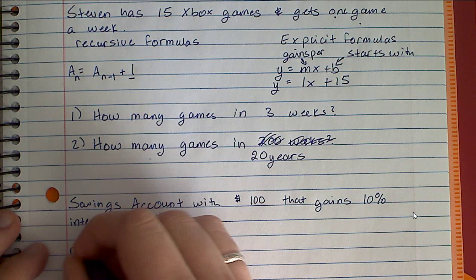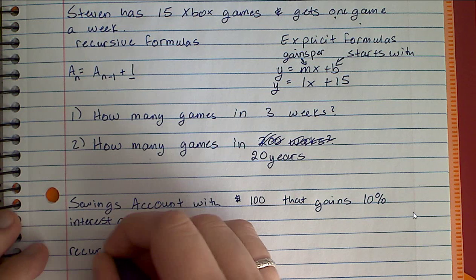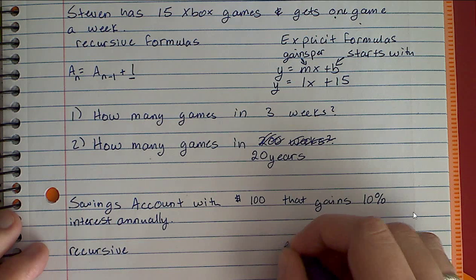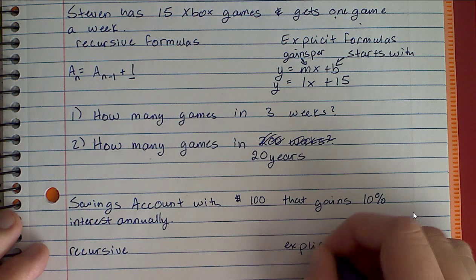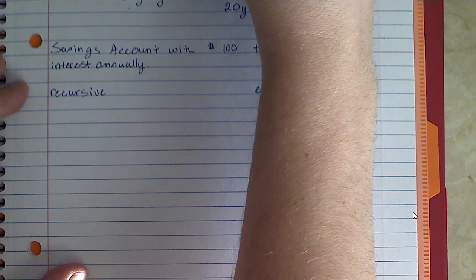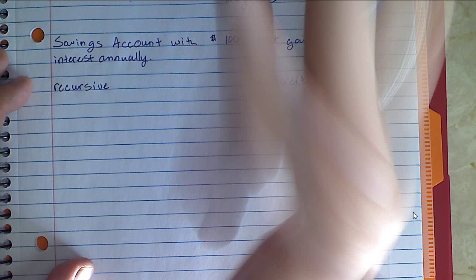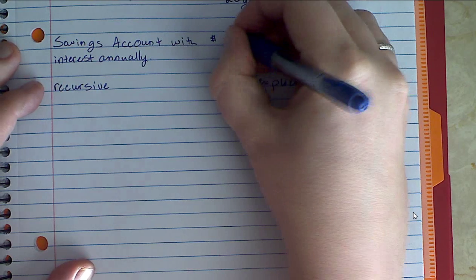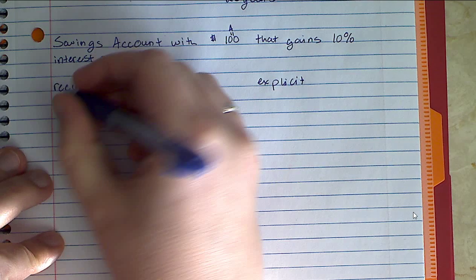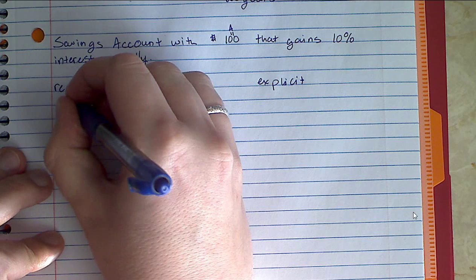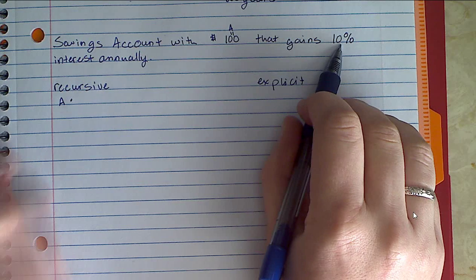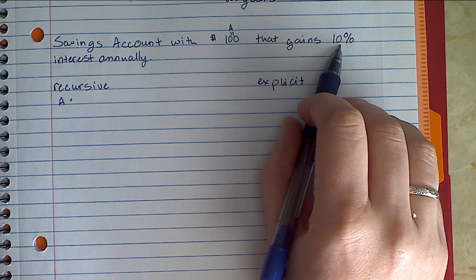Okay, so let's talk about a recursive formula for finding this, and then an explicit formula. A recursive formula for using interest means that you would need to do the amount that you have in the bank account times the percent. What is 10% as a decimal? 0.1.